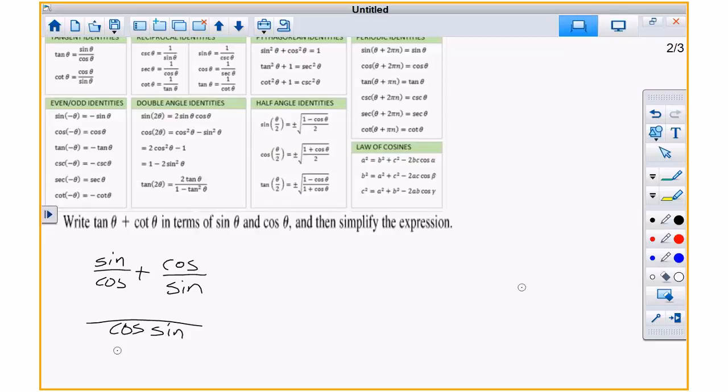Cosine will go into cosine sine, sine times, that's sine squared. Sine will go into cosine sine cosine, that's plus cosine squared. And what's sine squared plus cosine squared? Well, where's your reciprocal identities? 1, so that's going to be 1 over cosine sine.